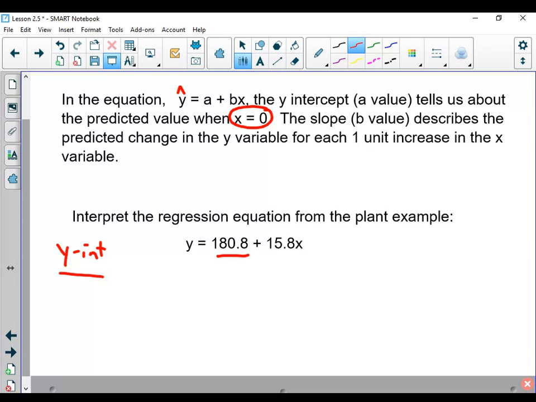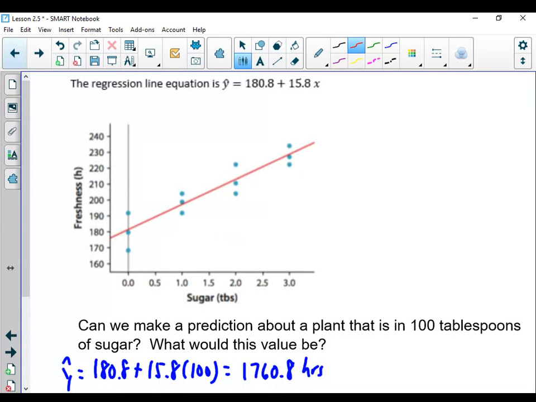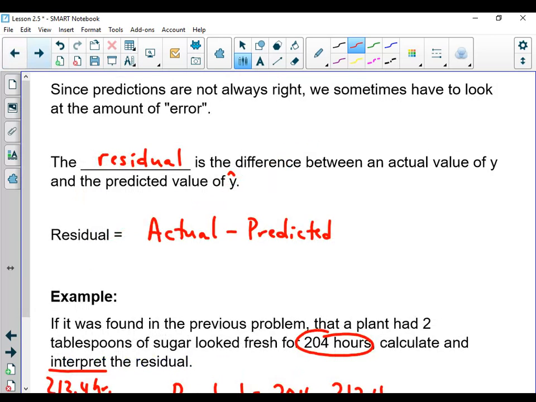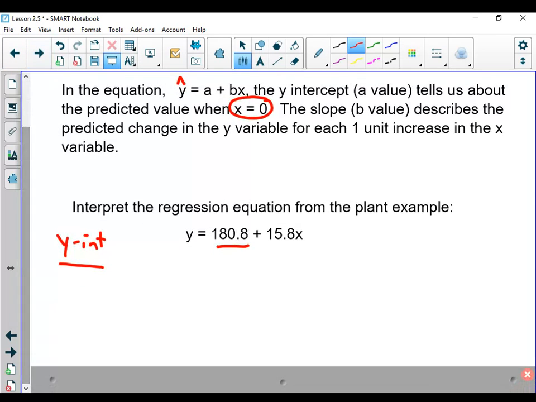So what I'm going to talk about is, all right, well, if 0 is x, what did x even talk about? So do you remember when we set up the graph, or when they gave us this graph, the x's were talking about sugar. So if x is equal to 0, that means we didn't put any sugar in the plant there. So for my y-intercept, I'm looking at when no sugar was added.